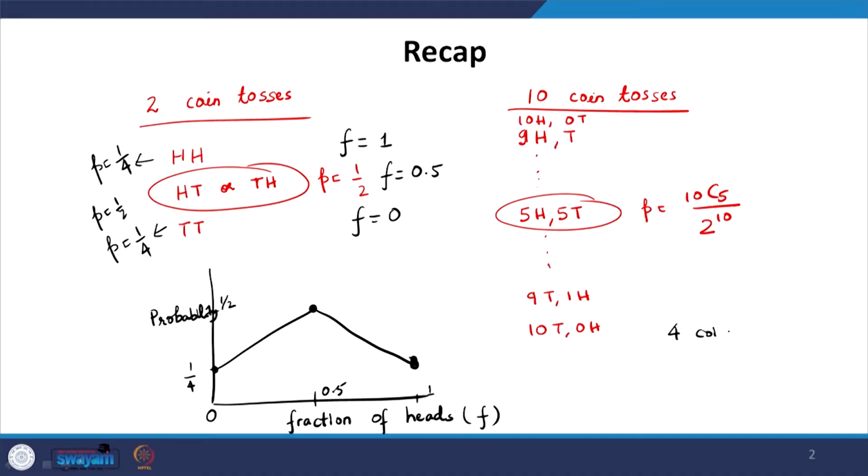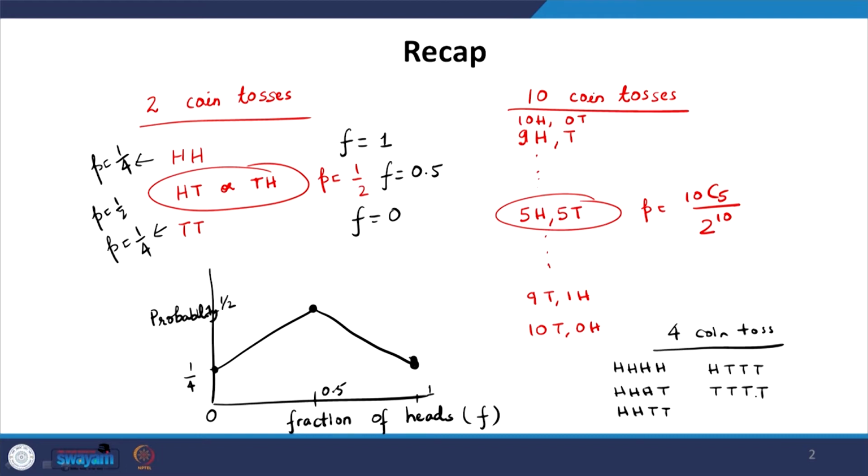For the 4 coin toss case, we can have all heads, we can have 3 heads and 1 tail, we can have 2 heads and 2 tails, we can have 1 head and 3 tails, or we can have all tails, right. So, that corresponds to actually 5 possibilities that are possible.